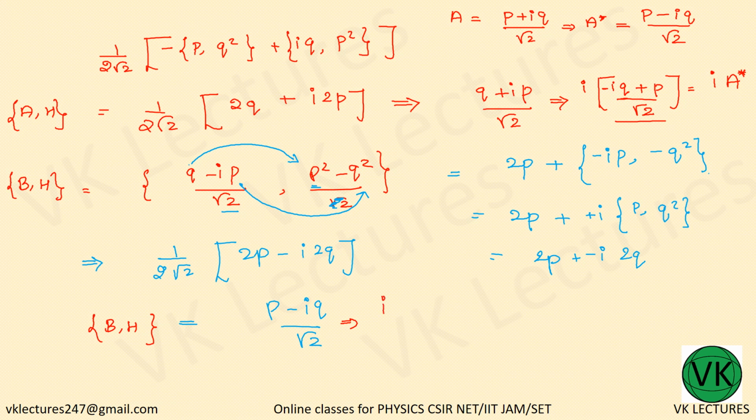When you take I out, that is minus ip plus q divided by root 2.